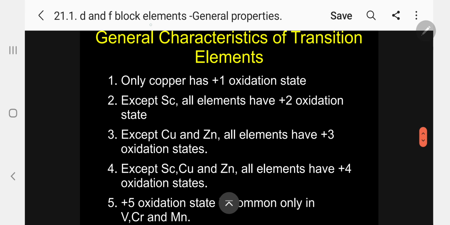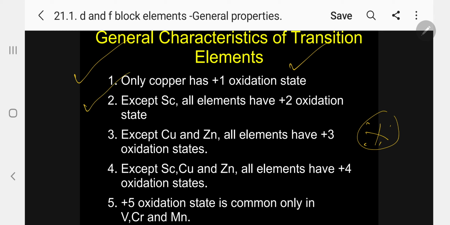Now, this is the most important. You have to memorize this. Very, very important. Only copper has the +1 state. No other element in the first transition series has a +1 oxidation state.